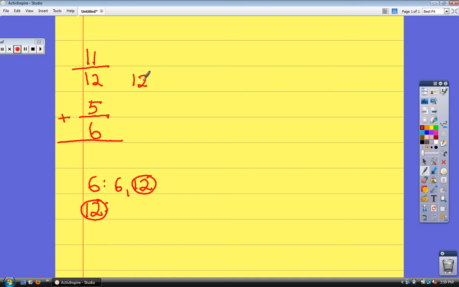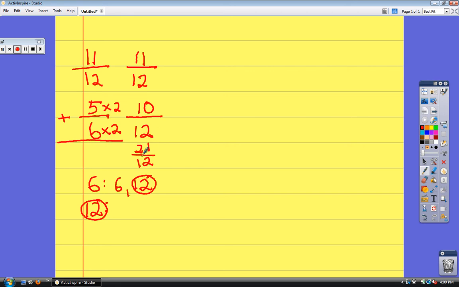So we're going to have 12 and 12 as our common denominators. 11 twelfths does not change, it stays 11 twelfths. 6 times 2 is 12, so we do 5 times 2 is 10. And we can add those up and we get 21 twelfths.